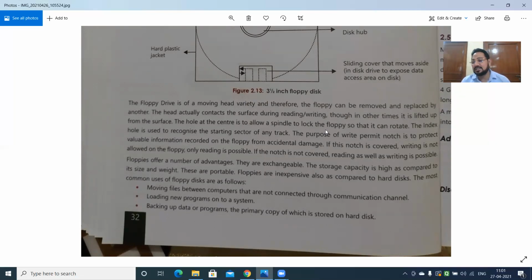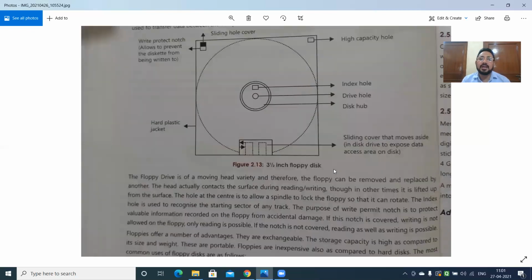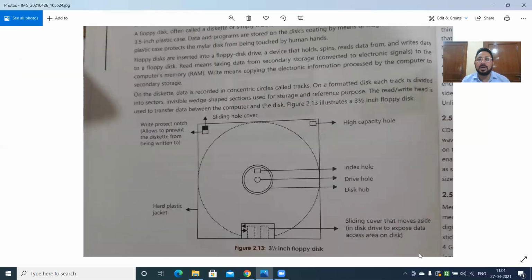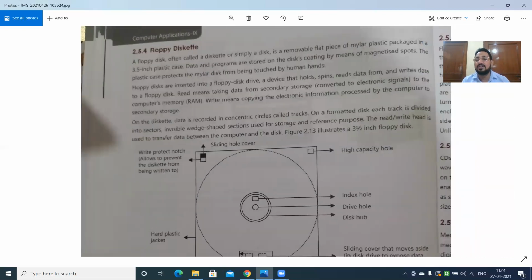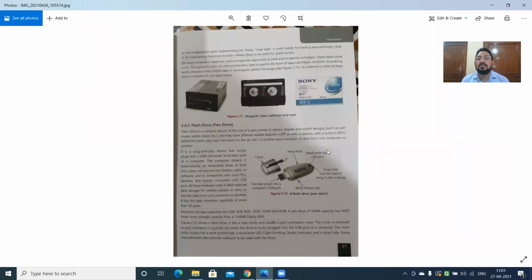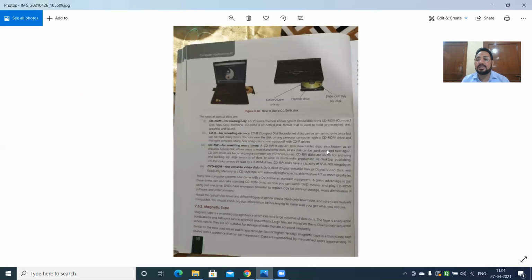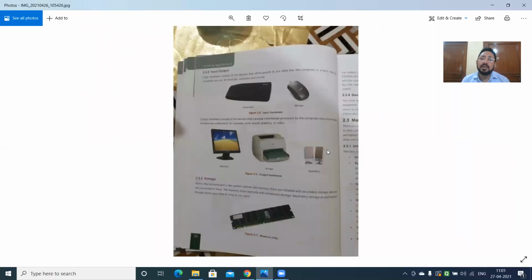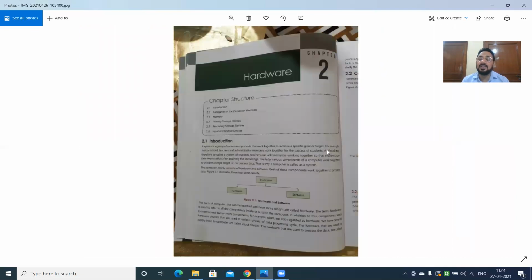I will end my class at this point. Hopefully, whatever I have taught today is clear to you. I know this is a completely theoretical part, so I'm not teaching a lot of things so that it is not boring for you. And whatever concept I am teaching you, I am explaining it also. So reading plus explanation of the chapter, and once the chapter is completed, we will go for the question answers and fill in the blanks.